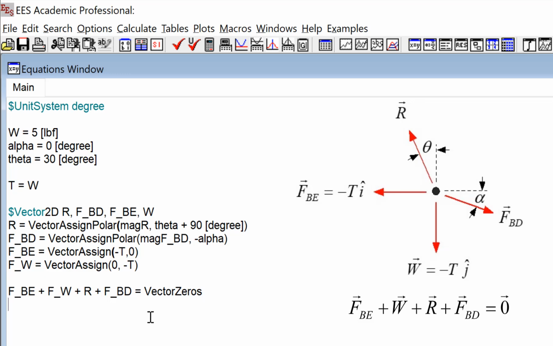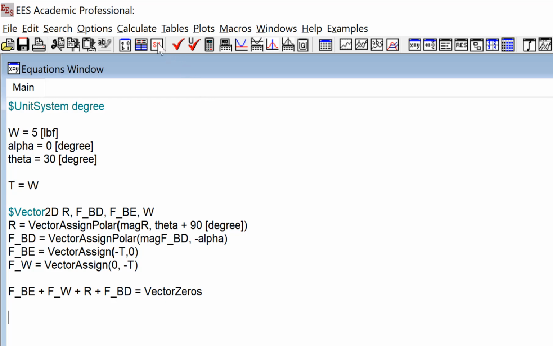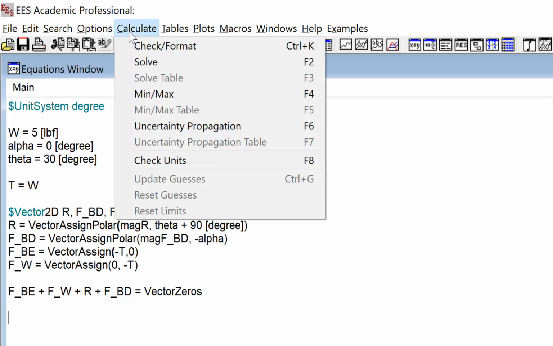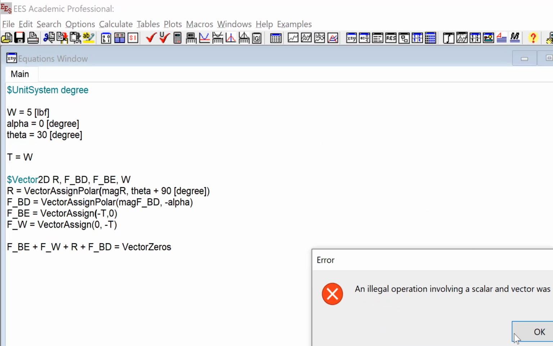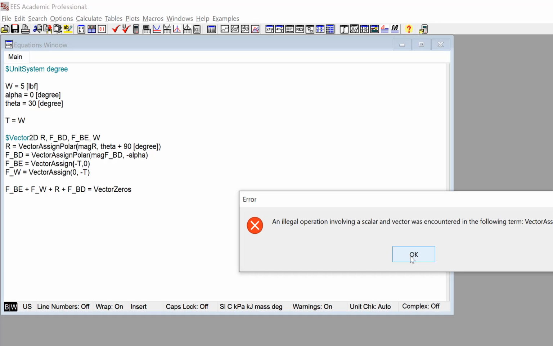So this is actually, if you think about it, 2 equations. This is an equation for all of the x components and then another equation for all the y components. And so hopefully, if we calculate, solve. So let's see, what's our problem here? The problem is this equation right here.